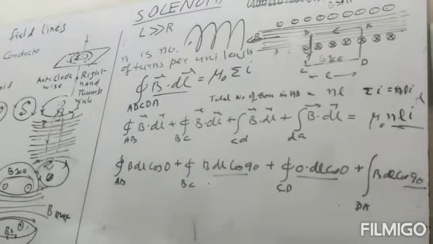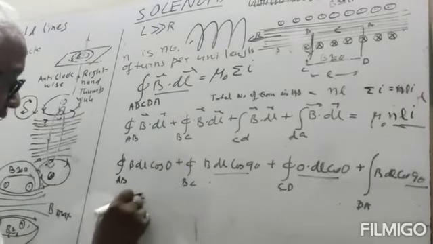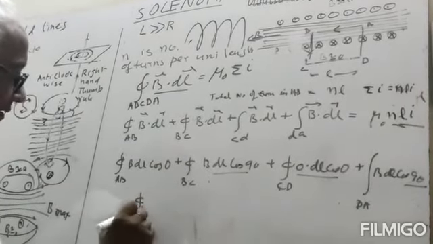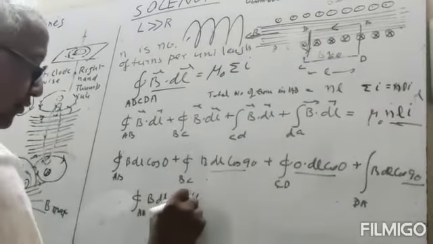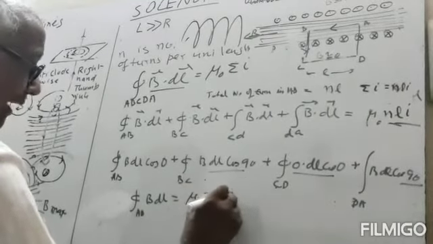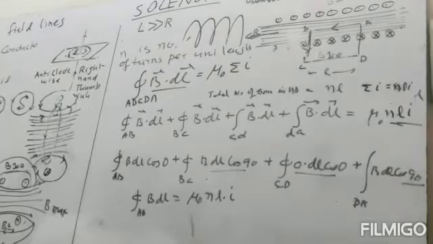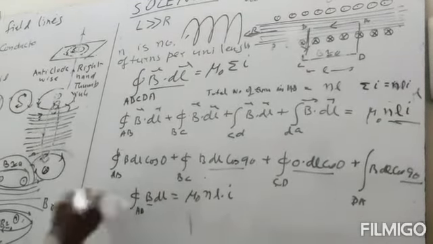So the only term left will be the line integral from A to B of B dl, and that will be equal to mu 0 n l I. Now the magnetic field is constant inside it, so we can take it outside.